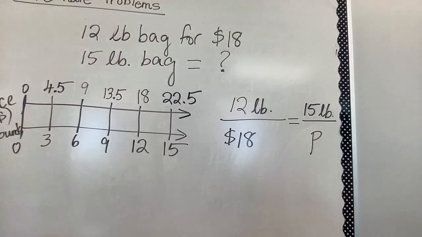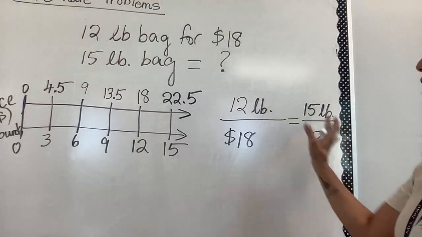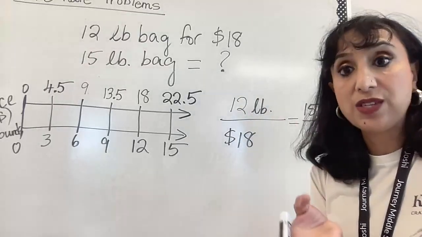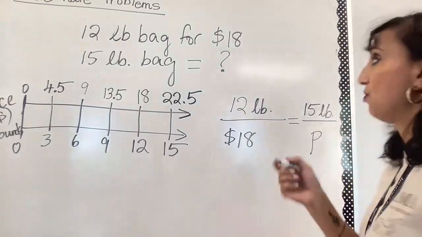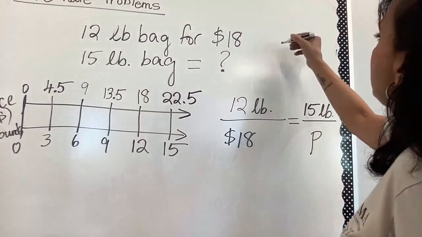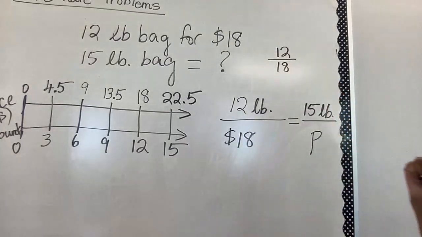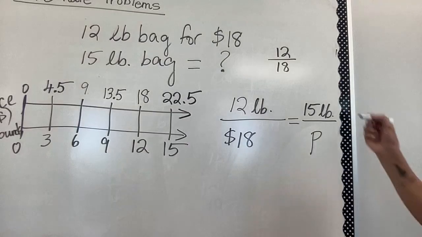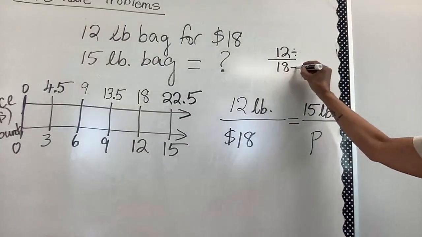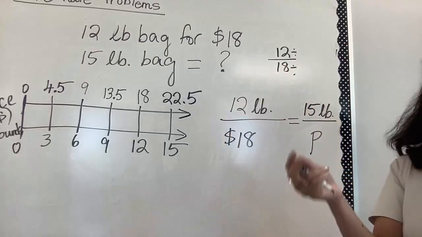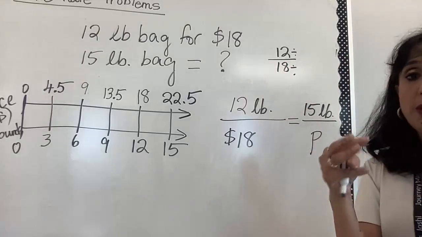Once again, I can do cross products. I can do a whole lot of stuff, but I can also simplify the 12 and 18. If I take 12 and 18, what are these divisible by? Both of them. I know the divisibility rules. They are divisible by 2. They are divisible by 3.